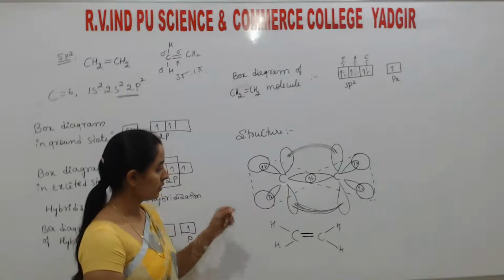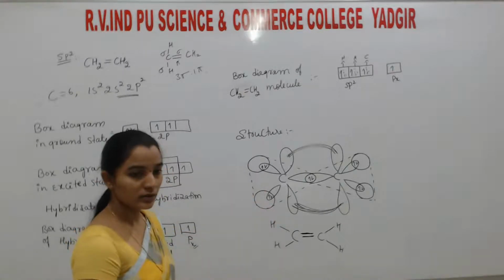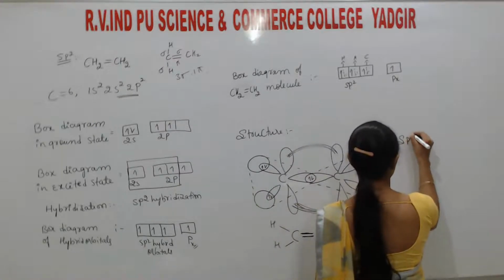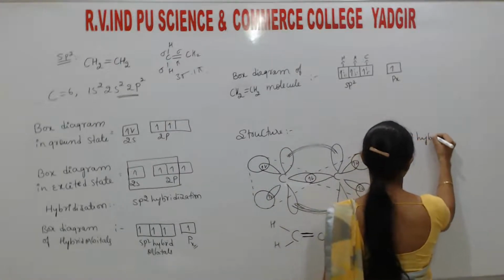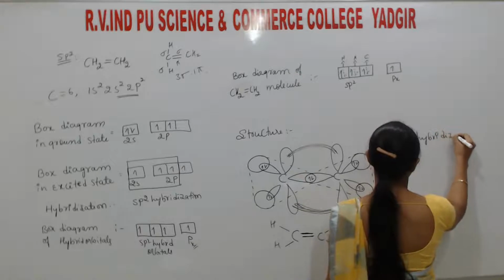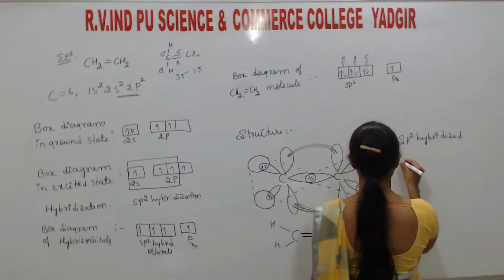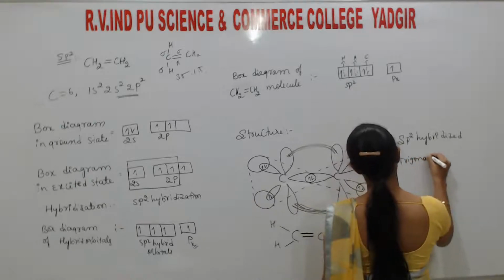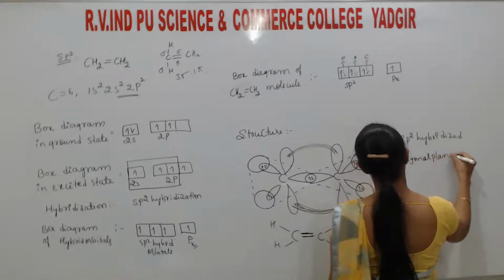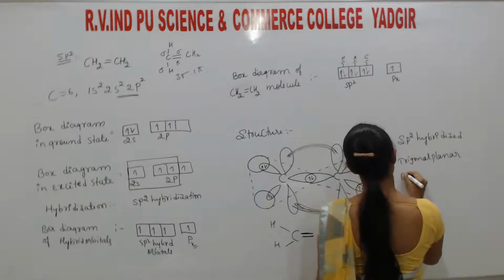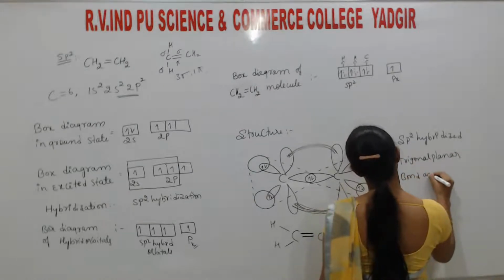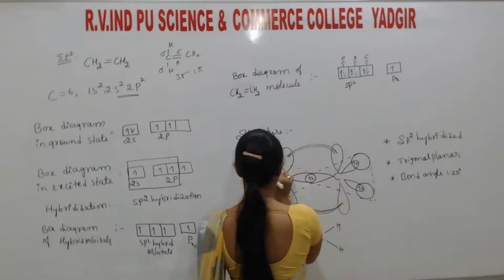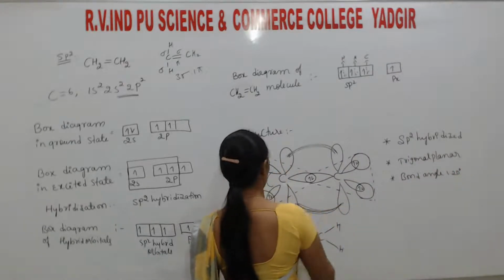This is how to find out the hybridization. Are you getting? So this is all about the structure of ethene. The point is this is sp2 hybridized. Second, the structure is trigonal planar, no doubt, and the bond angle is 120. Here we check the bond angle, 120.